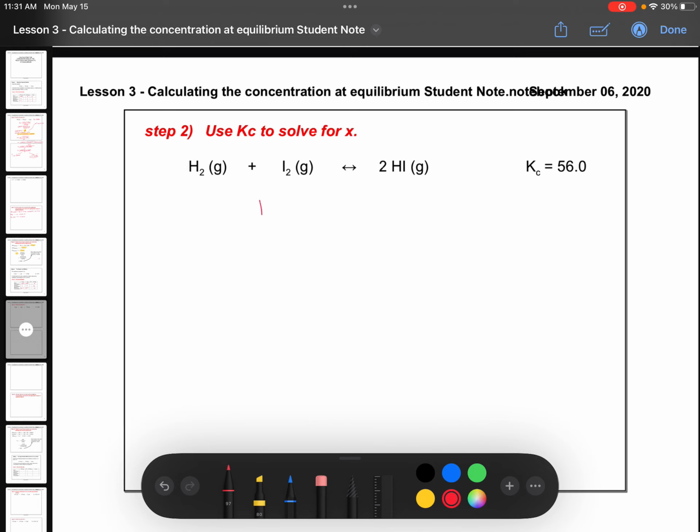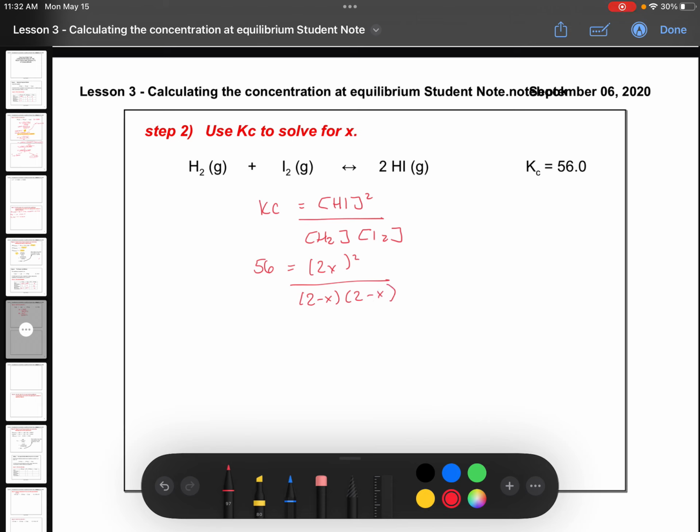Now we can use the KC to solve for x. So our first step, always write out our KC expression. So therefore, our KC is equal to HI squared, over H2 and then I2. So given this information, we are going to take our KC value, which is 56. We're also going to take our change in concentration values.